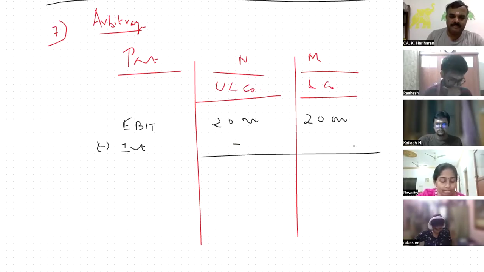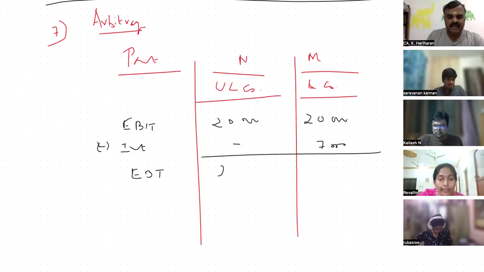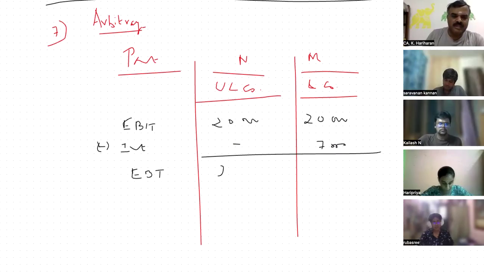Less tax. Any tax rate given? No, sir. For the sake of clarity, you can try. So, earnings after tax: how much? 20,000 for N and 13,000 for M.